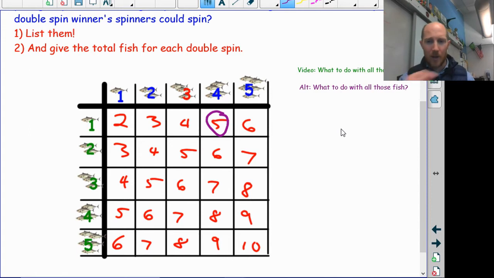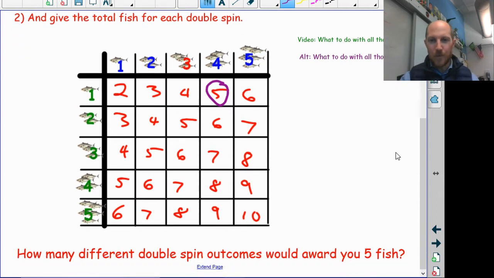Some advantages to making a table this way are, 1, you can very easily determine how many total outcomes are possible. What's the total number of different ways a double spin winner could spin the spinners? It's 25, right? Because the little square is 5 by 5. Okay, well, that's pretty easy. You could have figured that out anyway. But another advantage is you could easily answer questions like this one.